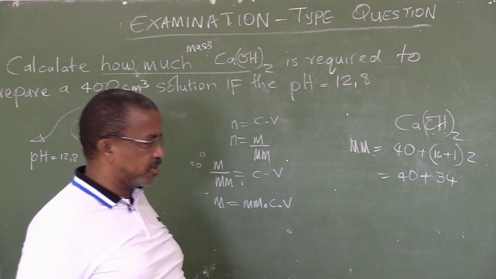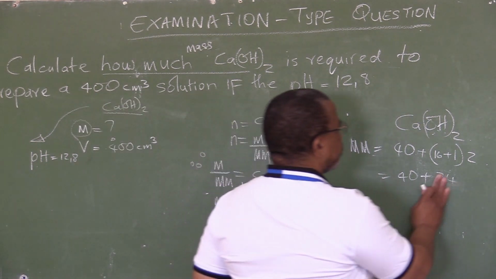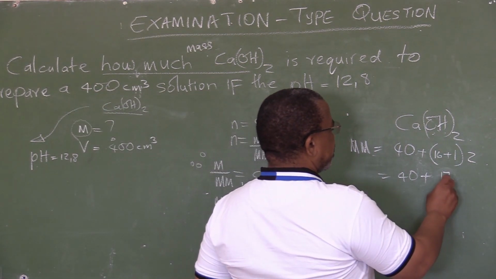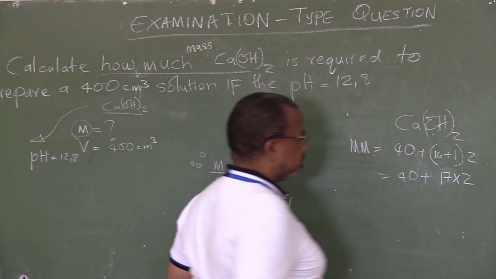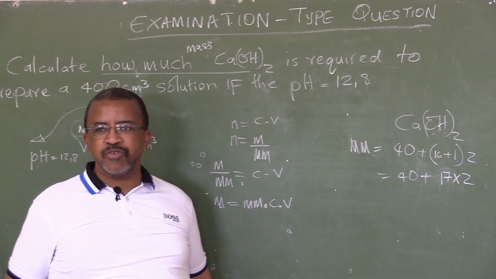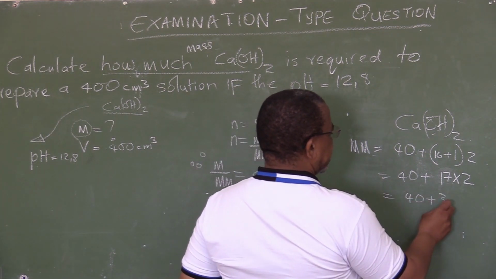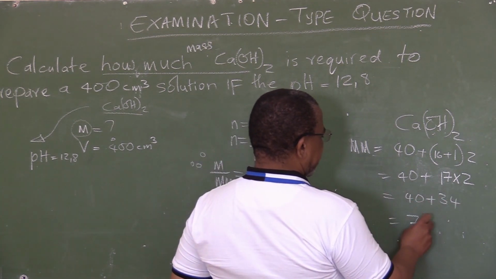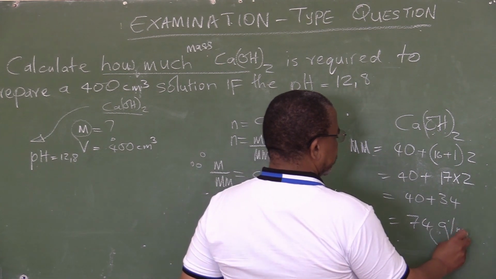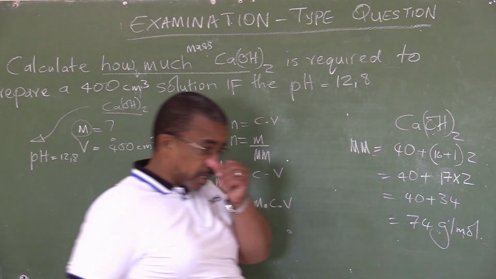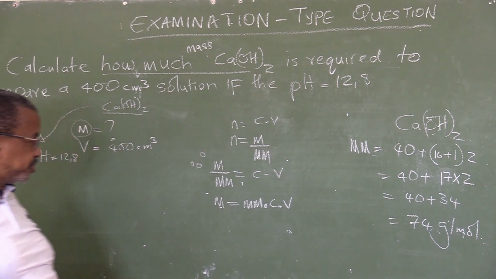Now 40 plus 34, which is 74 grams per mole.